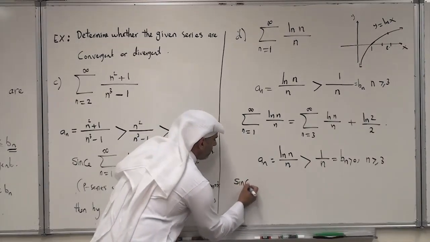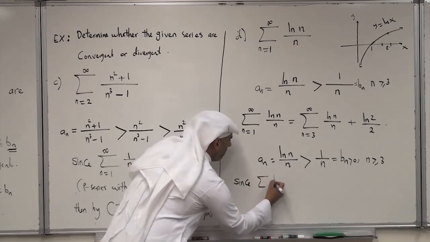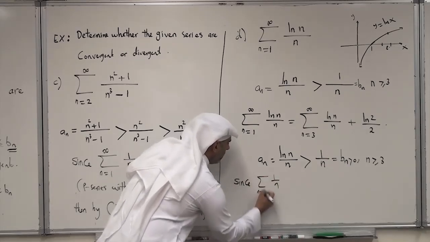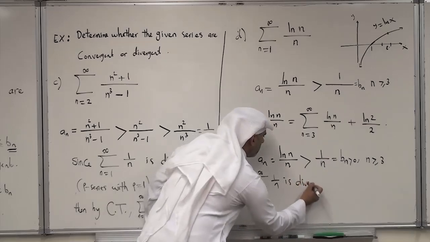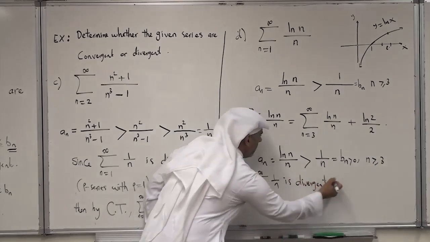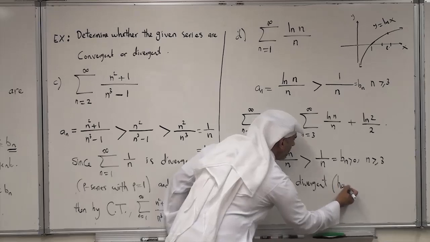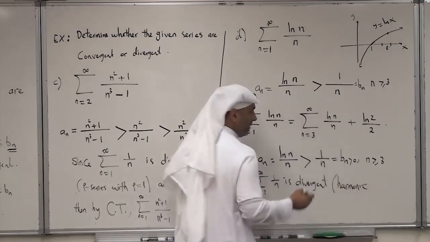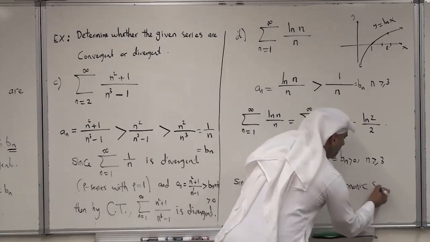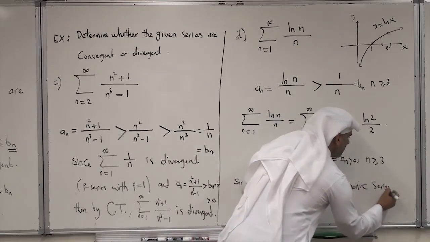So that's what we need to write here. Since the summation of 1 over n from n equal to 3 up to infinity is divergent, it is the harmonic series, or p series, it's up to you, and we know the harmonic series is divergent.